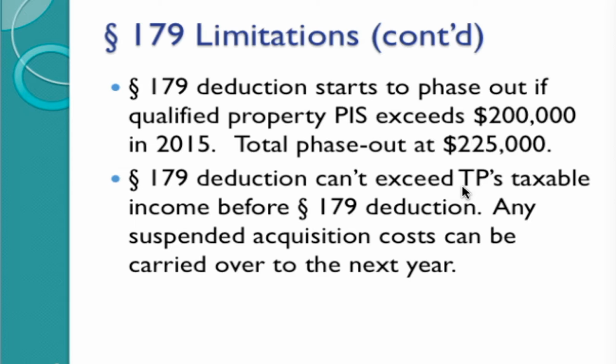So each dollar that exceeds $200,000 will reduce the maximum amount allowable of $25,000 until you reach $225,000, when it's completely phased out. Finally, the 179 deduction cannot exceed the taxpayer's taxable income before calculating the 179 deduction. Any suspended acquisition costs are allowed to be carried over to the next year.